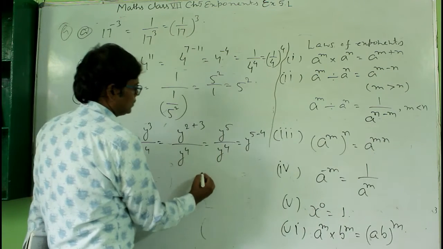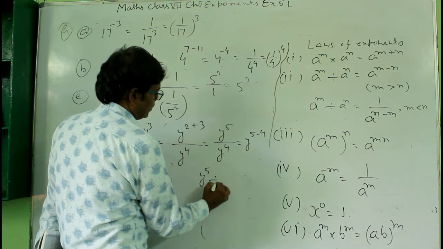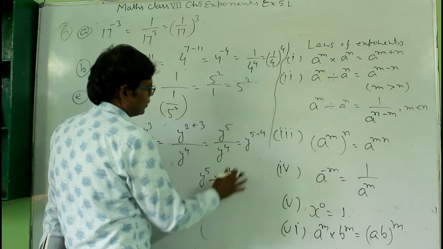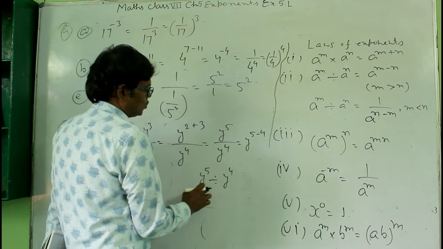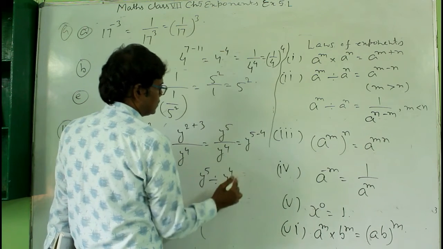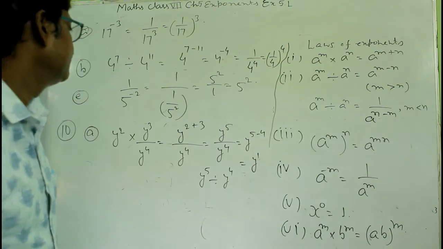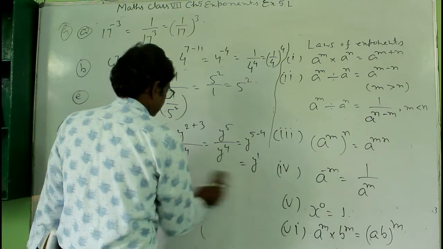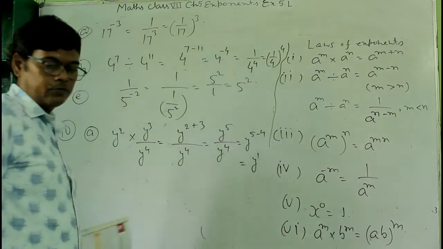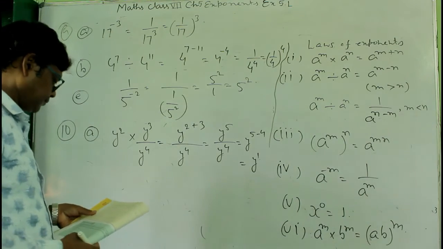Actually this means y to the power 5 divided by y to the power 4. So you write y to the power 5 minus 4, using the formula m minus n, and this will be equal to y to the power 1. So that is the answer of this question.